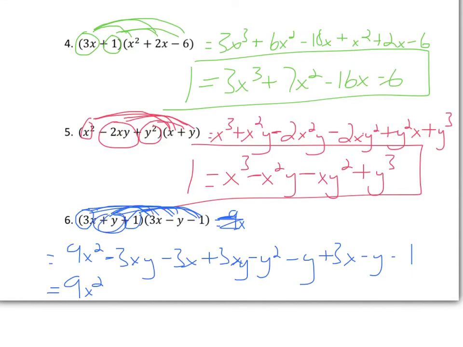So your negative 3xy and your positive 3xy are going to cancel out. So they're gone. Your minus 3x and your plus 3x go away. And we still have a minus y squared minus 2y and minus 1.